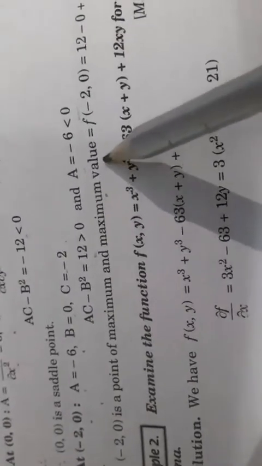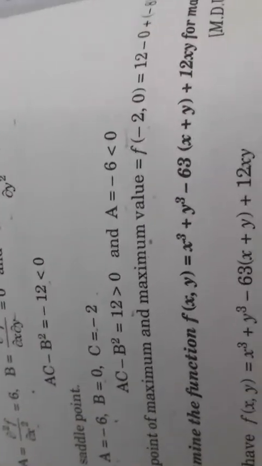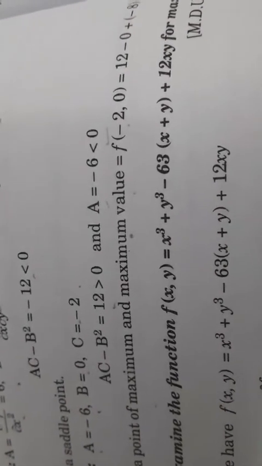The maximum value is given by substituting this point in the function, and after calculating we get 4 as the maximum value of the given function. So in this way we can find the extreme value of any function of two variables. Try it yourself.